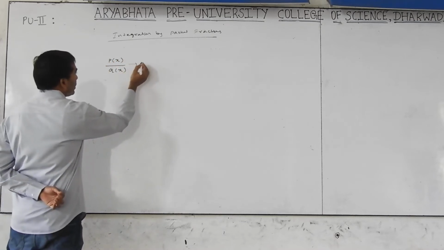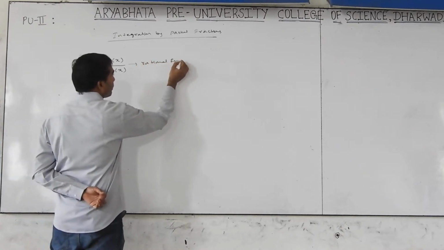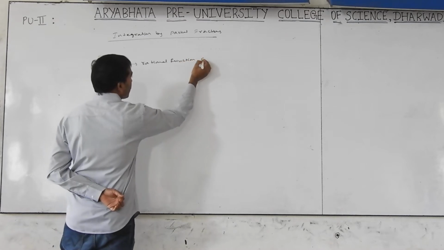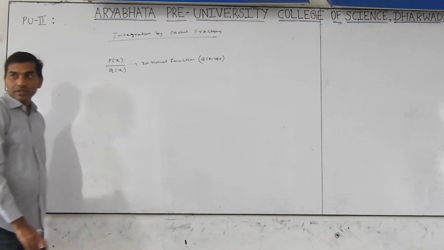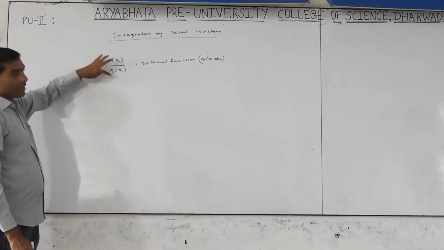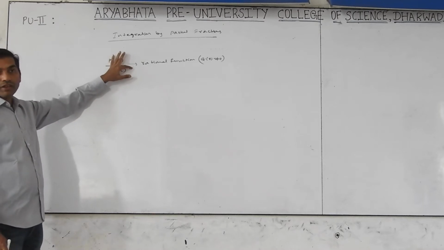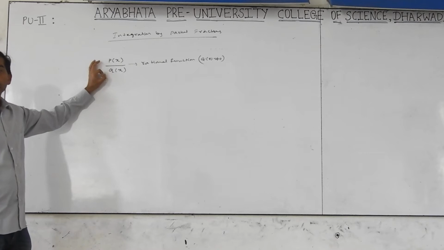This is called a rational function, where q of x is not equal to 0. A rational function is of the form p of x by q of x, where q of x is not equal to 0 and p of x and q of x are polynomials in terms of x.